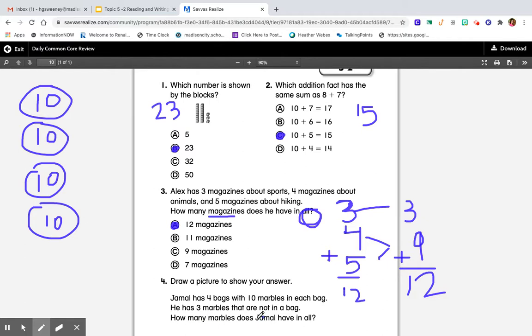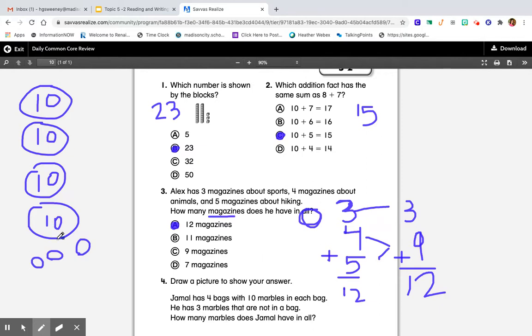The last thing is he has 3 marbles that are not in a bag. But we do want to know how many he has total, so we need to just draw those 3 kind of on their own. 1, 2, 3. Now, I need to find out how many that is in all. So let's look. 10, 20, 30, 40. So 40 here in the bags, and then 3 left out.